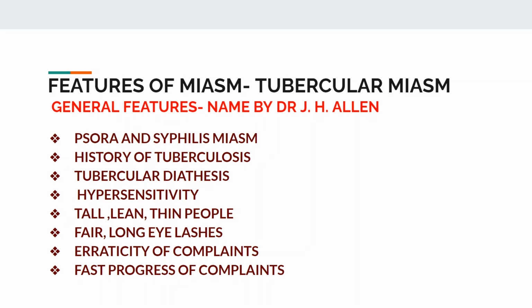In the patient, you may get a history of tuberculosis in the past, and presence of tubercular diathesis. What is tubercular diathesis? Diathesis is the tendency to suffer from disease. So it is a stage in between health and disease.